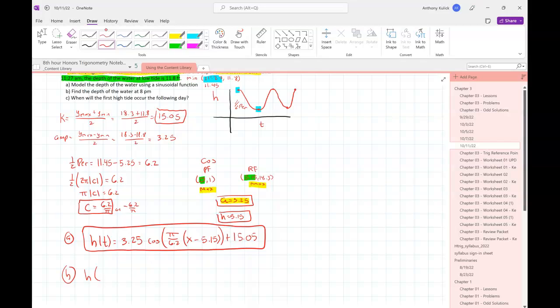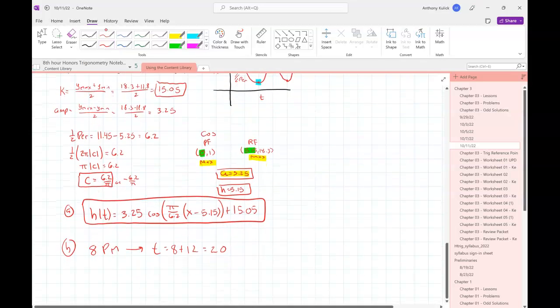What do you want to plug in for t? 20. Why? It's 8 p.m. That's 20 hours that have elapsed during the course of the day.